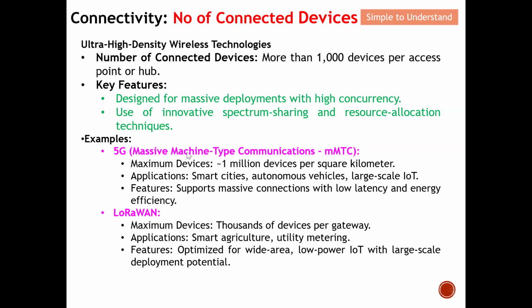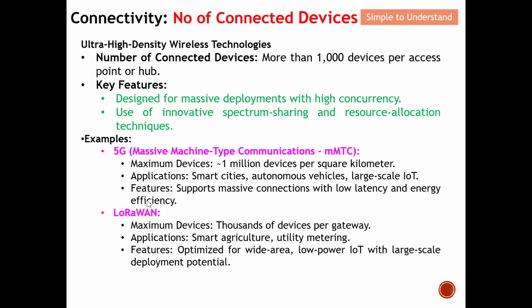But you can see that the number of devices that can hook up to the base station is 1 million device. Really amazing. Some of the key application will be smart city, autonomous vehicle, large scale IoT. Basically this is to support large amount of device. Because of this, they can support massive connection with low latency and also the energy efficiency.